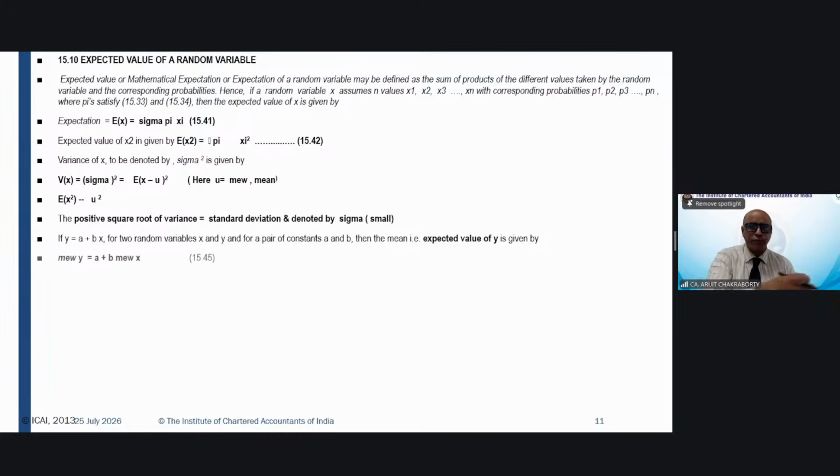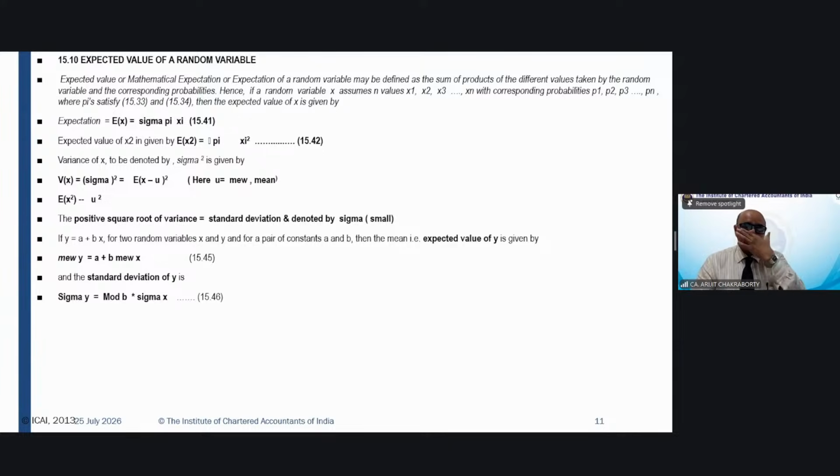And the same thing which we discussed in the last session on dispersion: if y equal to a plus bx for two random variables, x and y related in this way, the expected value of y will be given as what? It will be given as mu y equal to a plus b into mu x. And the standard deviation of y again will be given by modulus b, very similar to what we saw, change of origin and change of scale.